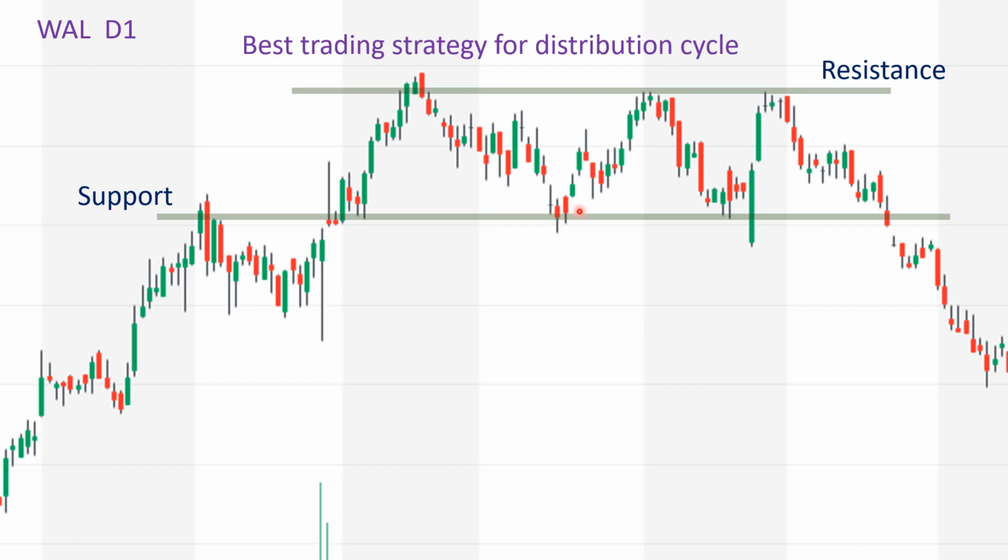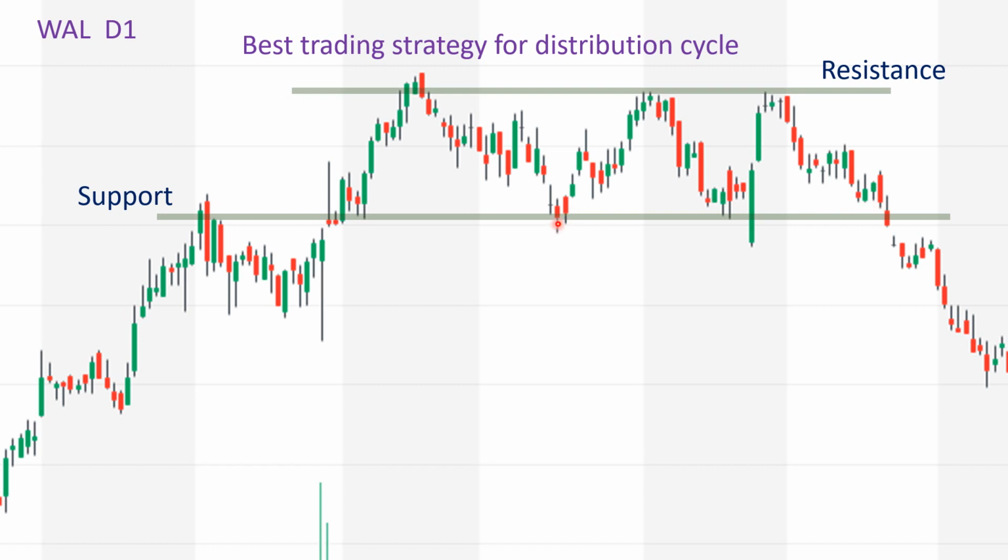Now, if you want to enter the market in the support area, you can use price rejection candlestick patterns and formations like hammer, engulfing, and morning star in order to enter the market around the support area.